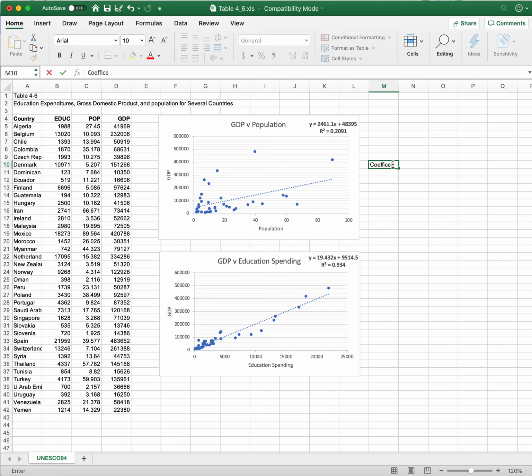the coefficient of correlation, here's R squared, and then here's R. So if I have 0.2091, the square root of that, SQRT, gives me the Pearson correlation coefficient.